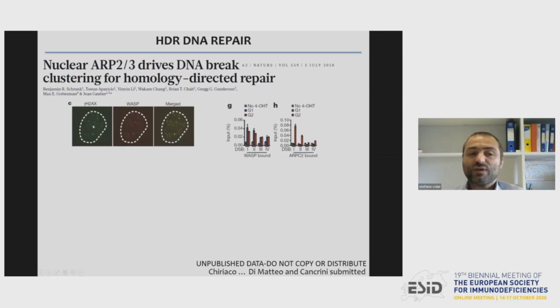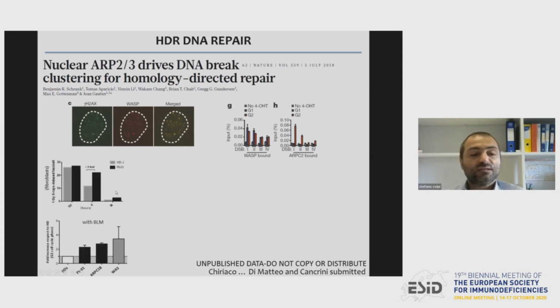Here you see a gamma-H2AX staining upon irradiation of cells. You see a colocalization with WASP. They presented very nicely that they also colocalize with ARPC1B, but they are two complexes, but they do so. This is a chromatin immunoprecipitation experiment where you see that WASP is bound to the DNA upon irradiation in different phases of the cell cycle, and the ARP complex only binds in the G2 phase.